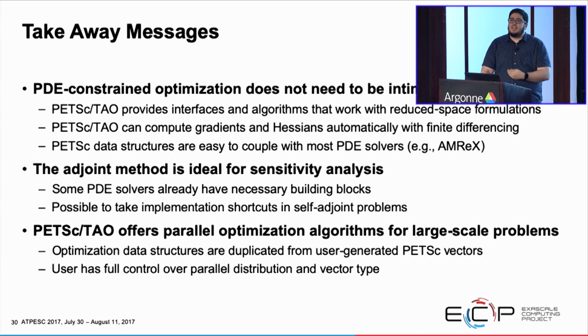What this means is that you can set up your own parallel distribution, whether it's on the GPU or the CPU, and the entire algorithm will just duplicate off of that. So the algorithm essentially fits the PDE solver. There aren't very many tools out there that have this, and I think it's very valuable.